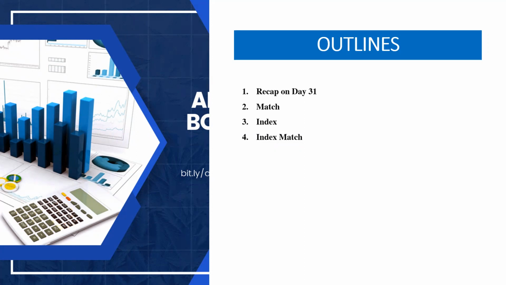So index looks for the row number, while match looks for the data that is within that row and within a specified column. For example, if Ahmed is under row 12, which row is Ahmed? It can be row 3, row 4, row 5.